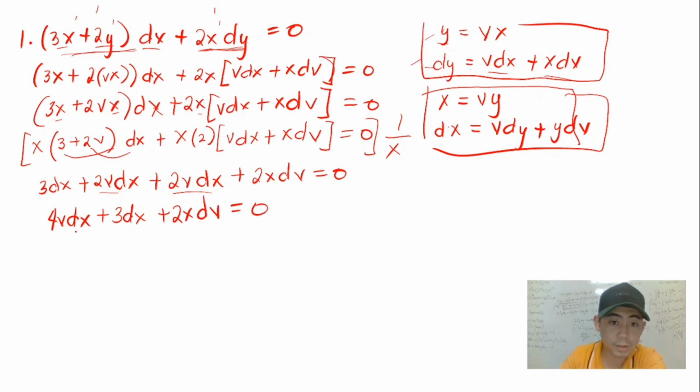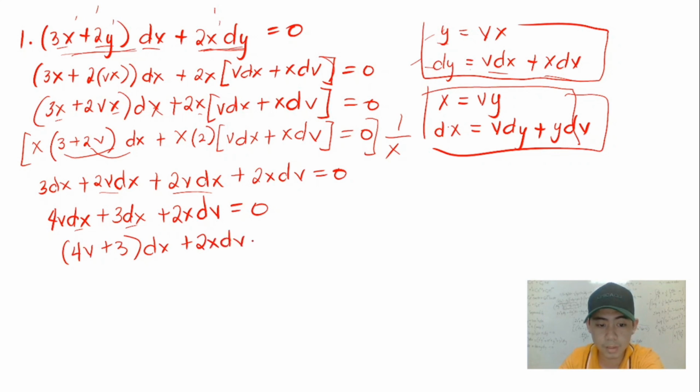Factor out the common factor, which is dx, so (4v plus 3) dx plus 2x dv is equals to 0.